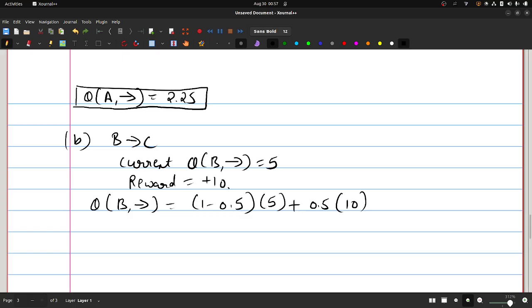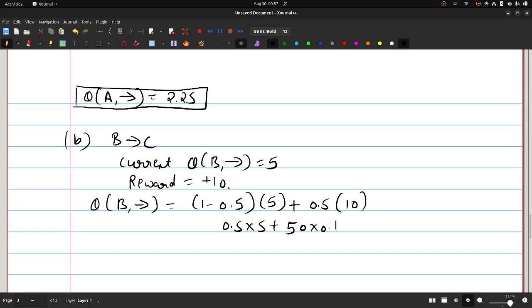So it is 0.5 times 5 plus 0.5 times 10, so it is 5.